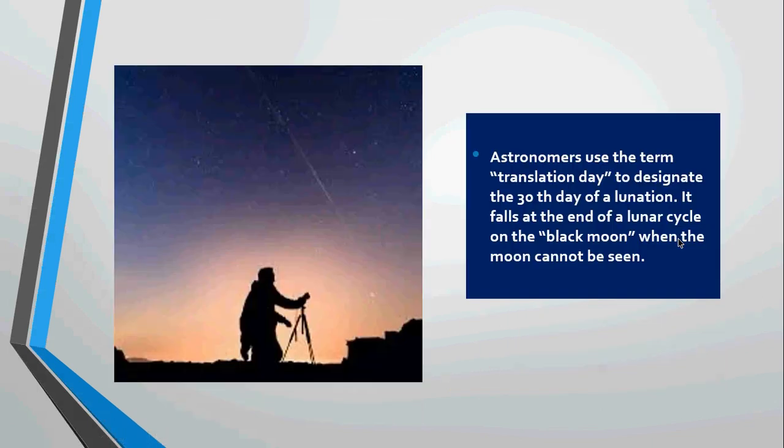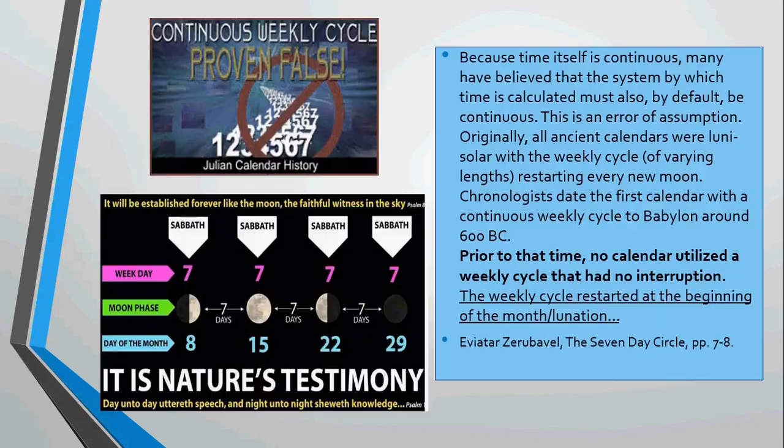So astronomers use the term translation day to designate the 30th day of a lunation. It falls at the end of a lunar cycle on the black moon, when the moon cannot be seen.